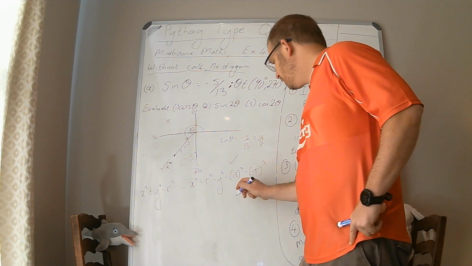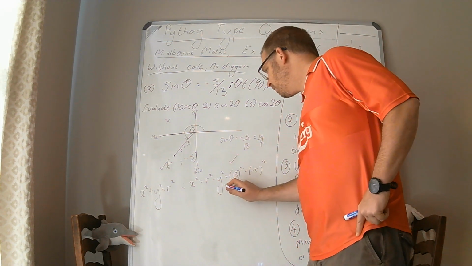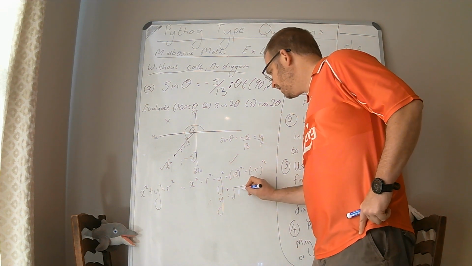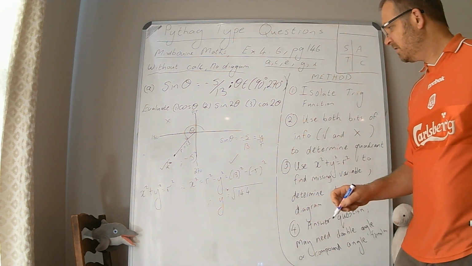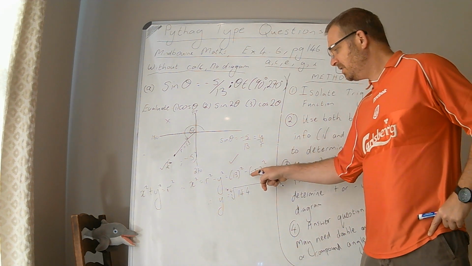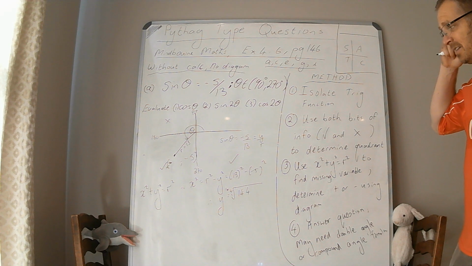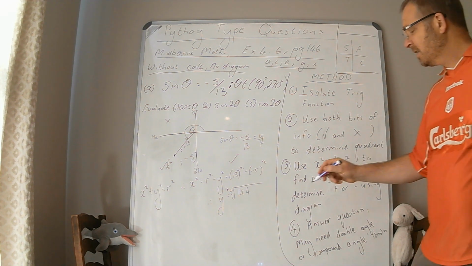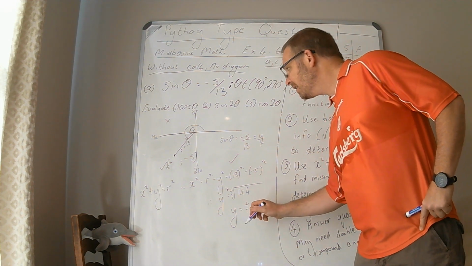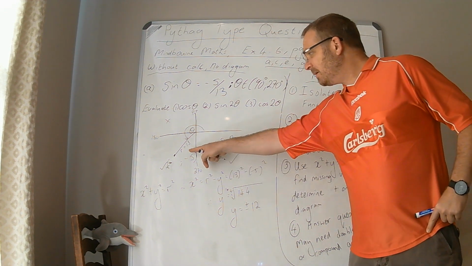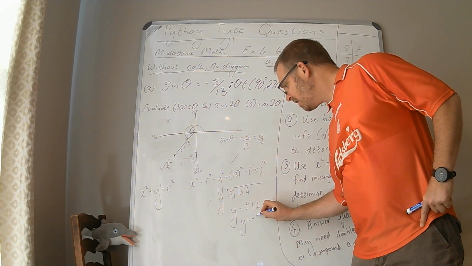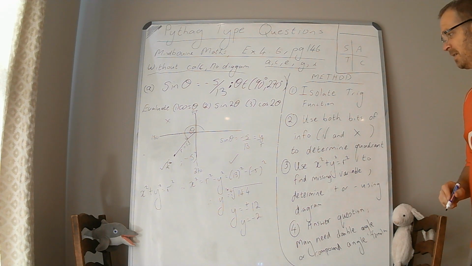Which is equal to the square root of 144, since 169 minus 25 is 144. So x is equal to plus or minus the square root of 144. So the coordinate could either be plus 12 or minus 12. But this is where we need the diagram. The diagram tells us that here's my point, so in fact your coordinate is equal to negative 12.